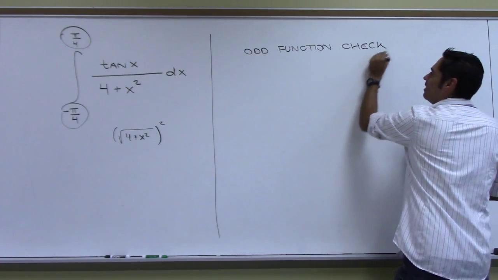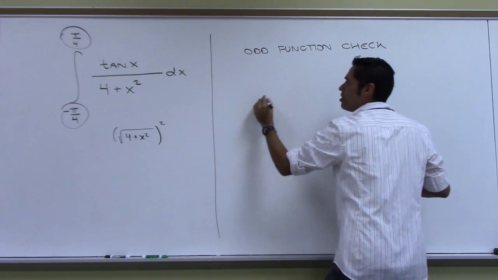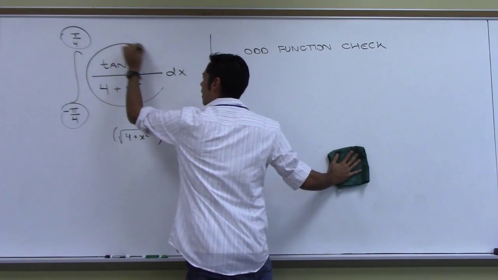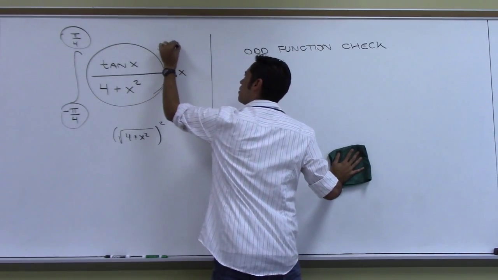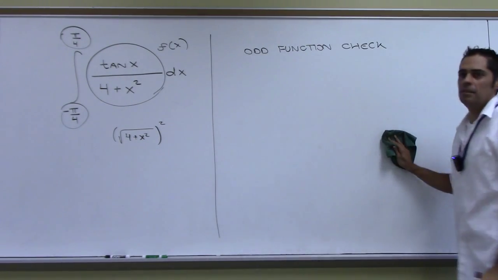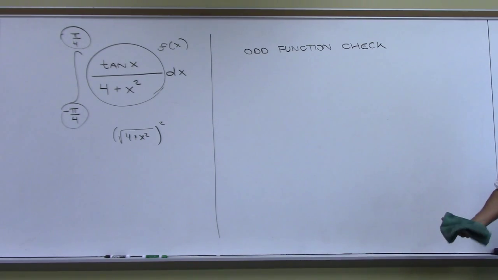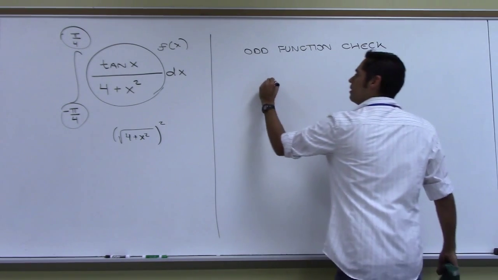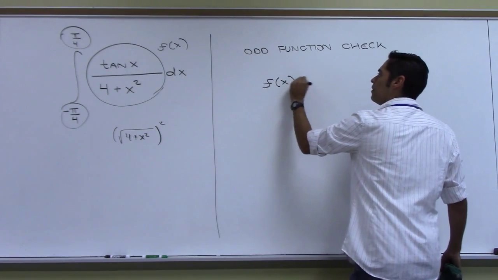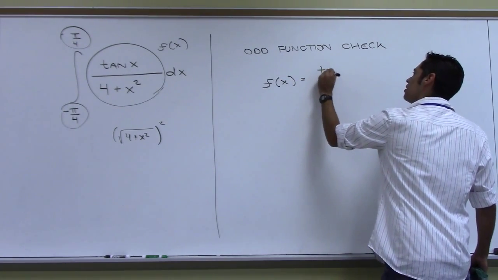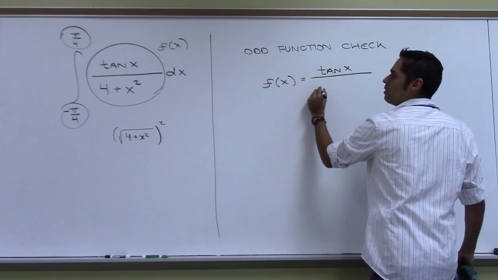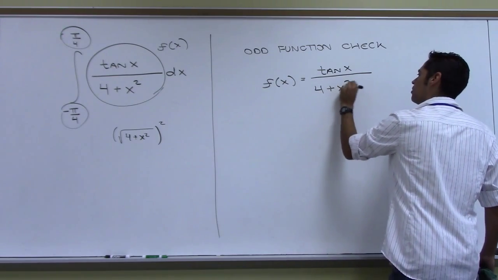All right. Odd function check here. This is the integrand, right? That's what I'm looking at as little f of x. Is little f of x odd? So let's just write down this function. Tangent x over 4 plus x squared.